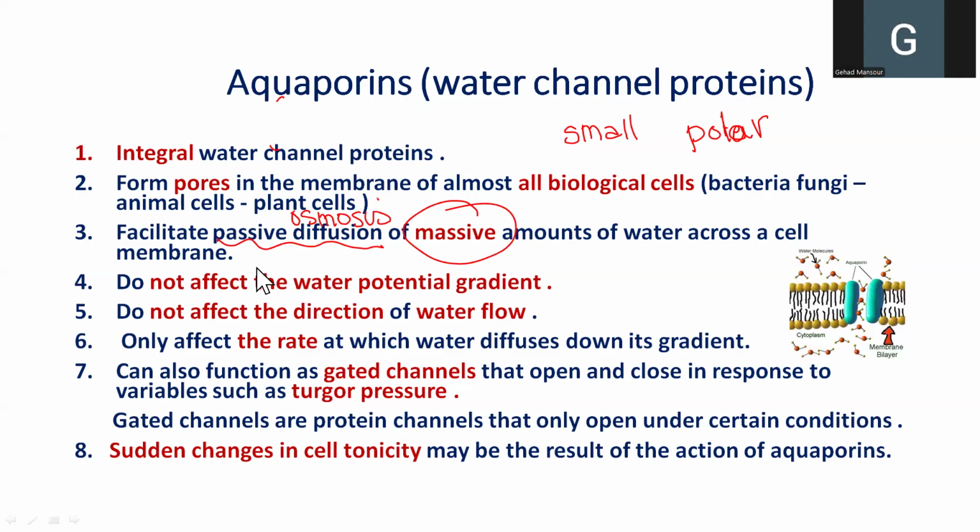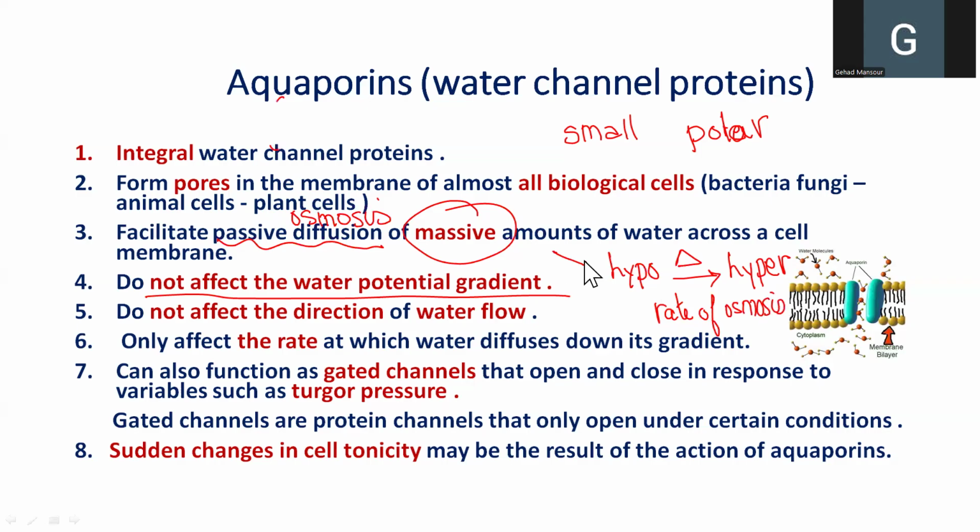But they do not affect the water potential gradient, meaning that if you have a certain potential gradient or difference between a hypotonic solution and a hypertonic solution, there is a certain difference that allows a certain rate of osmosis or a certain rate of flow of water between the two solutions.